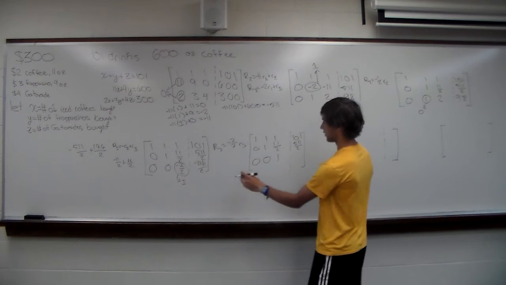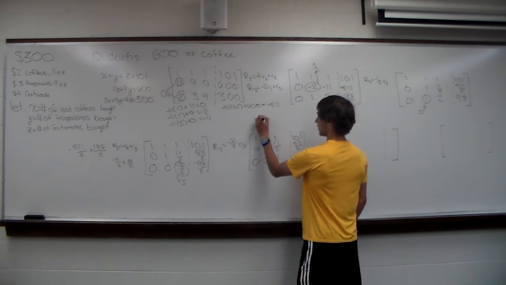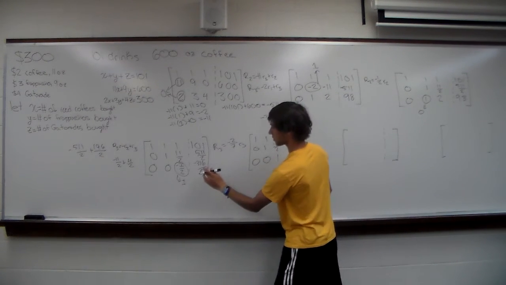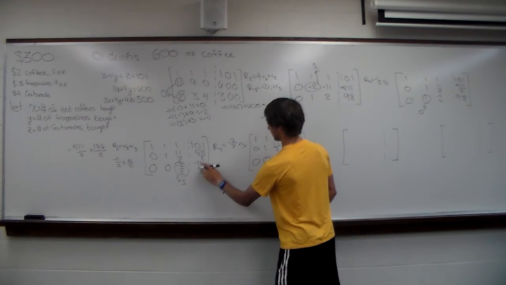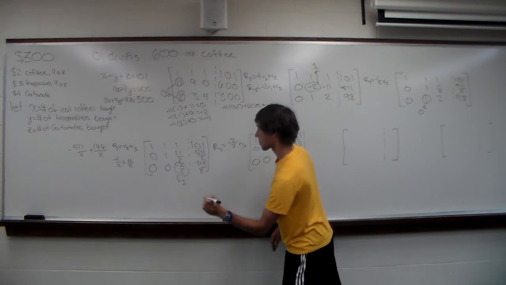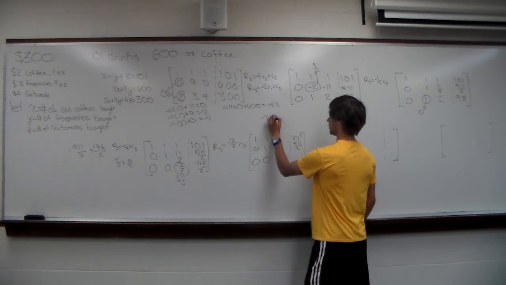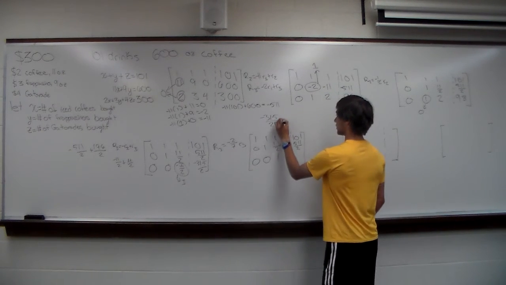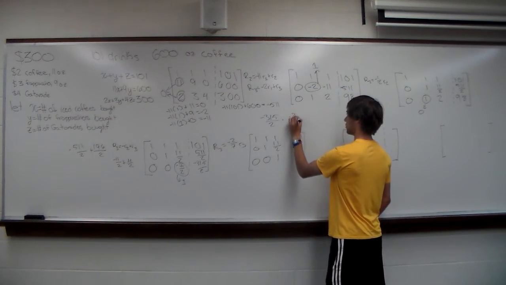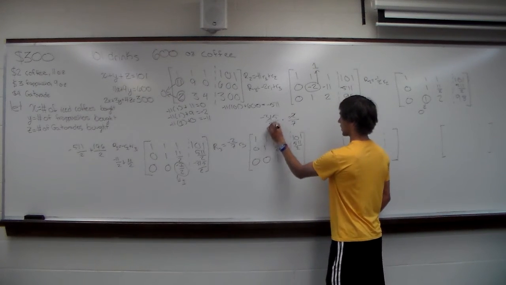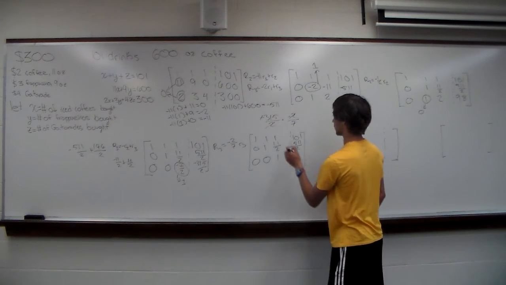And then again, we're going to have to do some arithmetic here. So negative 300, this should be 315, not 316. So negative 315 over 2 times negative 2 over 7. So our 2's will cancel out, and our negative signs will cancel out.